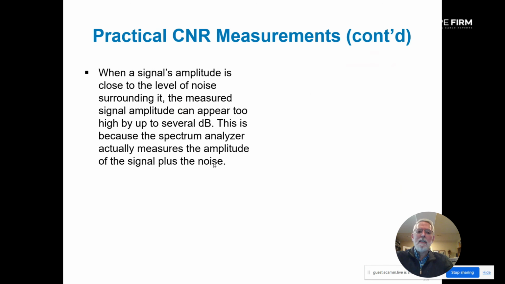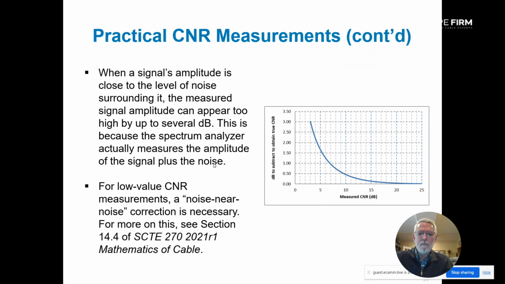It's not unusual to see a low carrier to noise ratio, where the signal is fairly close to the displayed noise floor, and maybe even the system noise floor, within only a few dB. What that can do is affect the apparent amplitude of the signal, because the signal inside the analyzer is so close to the noise floor that when you're measuring just the signal, you're actually measuring a combination of signal plus noise. Then, of course, you measure the noise, and you're measuring the noise floor.